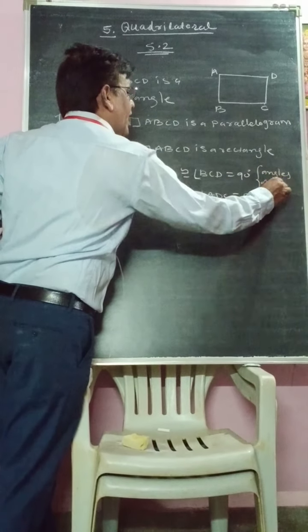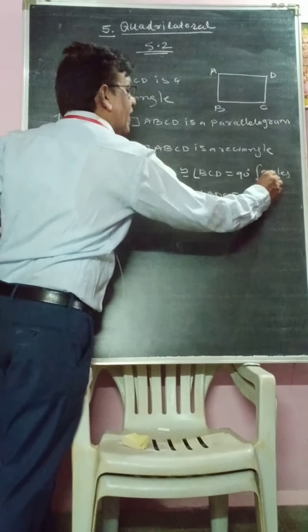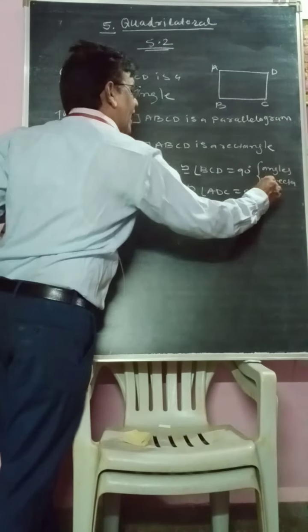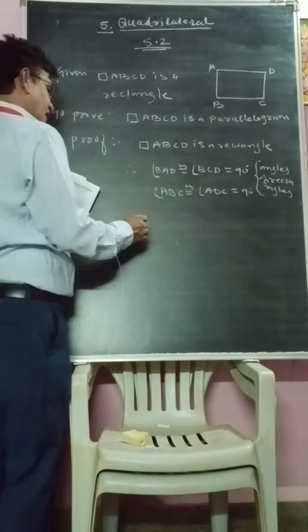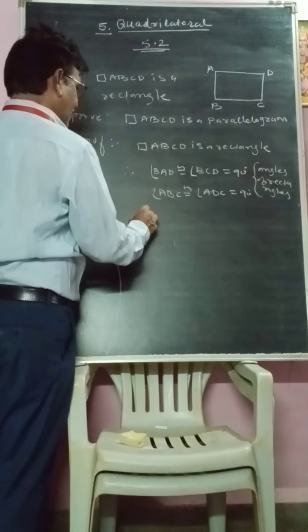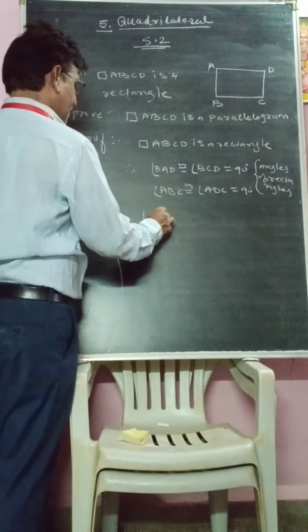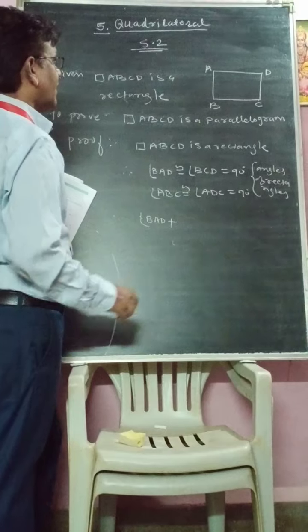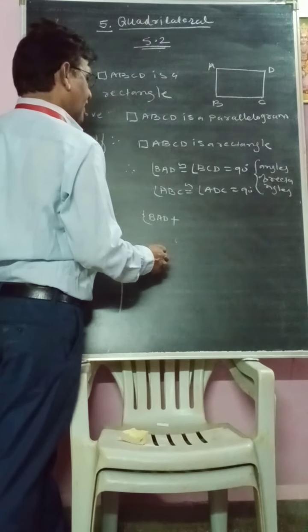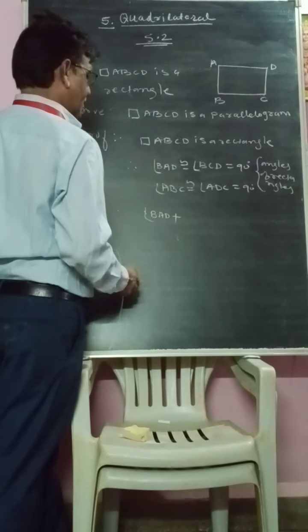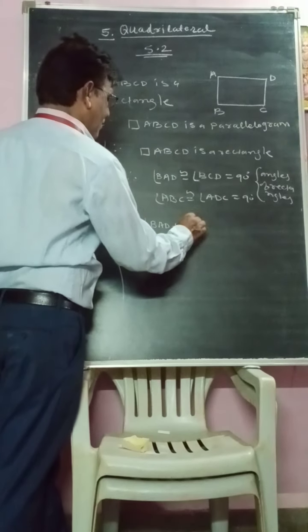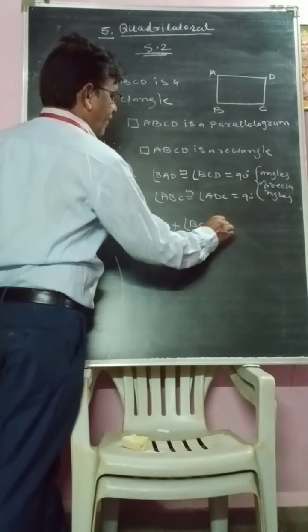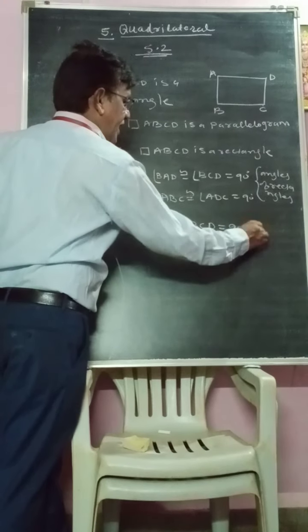The reason is angles of a rectangle. So therefore you can say that measure of angle BAD plus measure of angle BCD is equal to 90 plus 90.